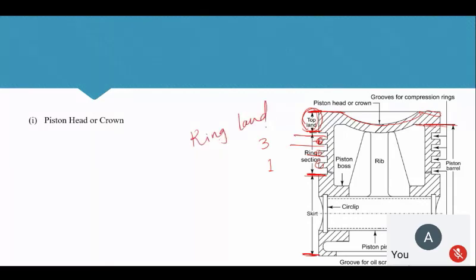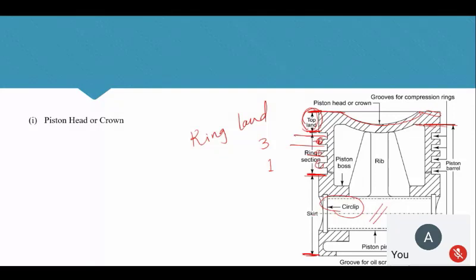Then, in order to fix and restrict the lateral movement of the piston pin, you use a locking device called a circlip. This circlip basically restricts the lateral movement.